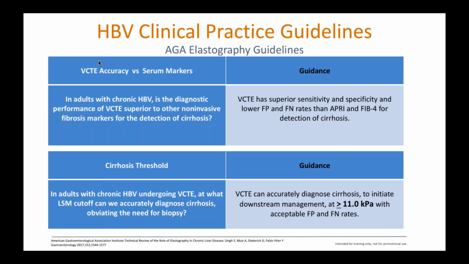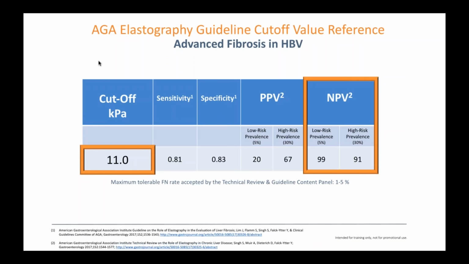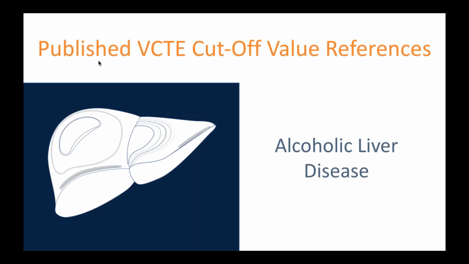They do not make any suggestions as to how to synergistically combine the two tests. So here you're seeing in table form the AGA elastography guideline for hepatitis B, and you can see they're suggesting a cutoff value of 11, and again they're emphasizing high negative predictive value.